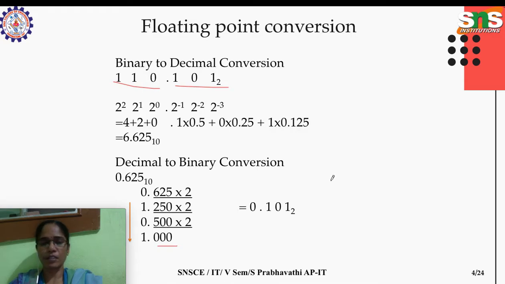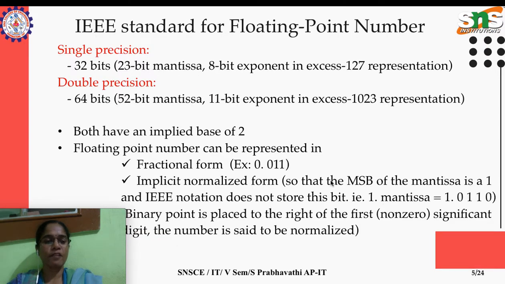With this little note on conversion, we will go deeper into single precision floating point and double precision floating point. These two formats are in use today by all modern computer systems for representing floating point numbers, in either 32-bit or 64-bit representation.